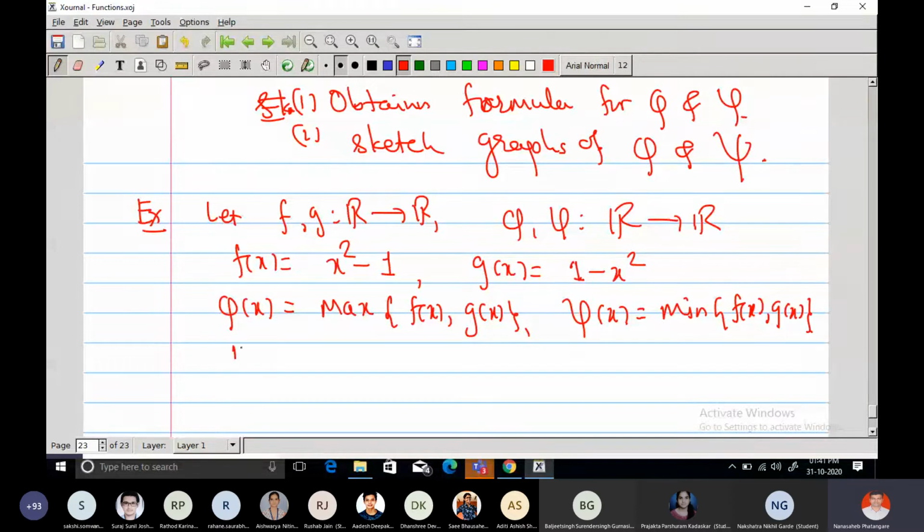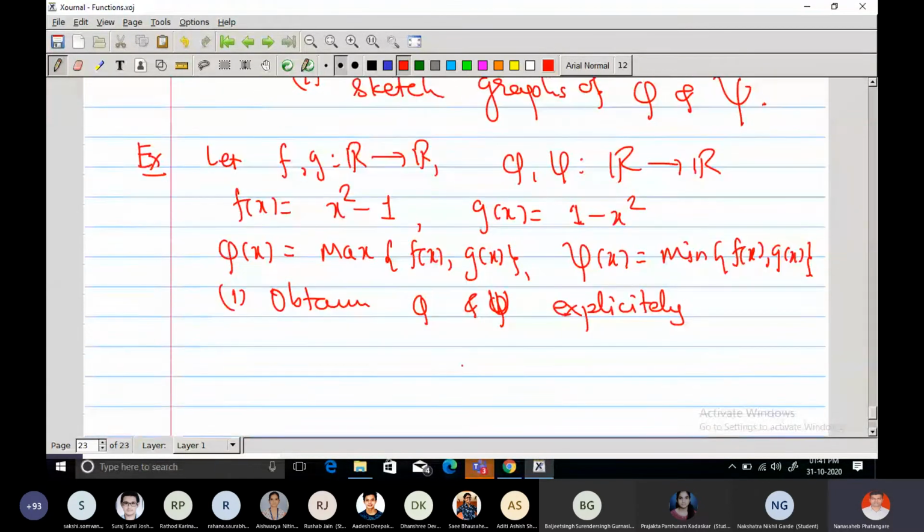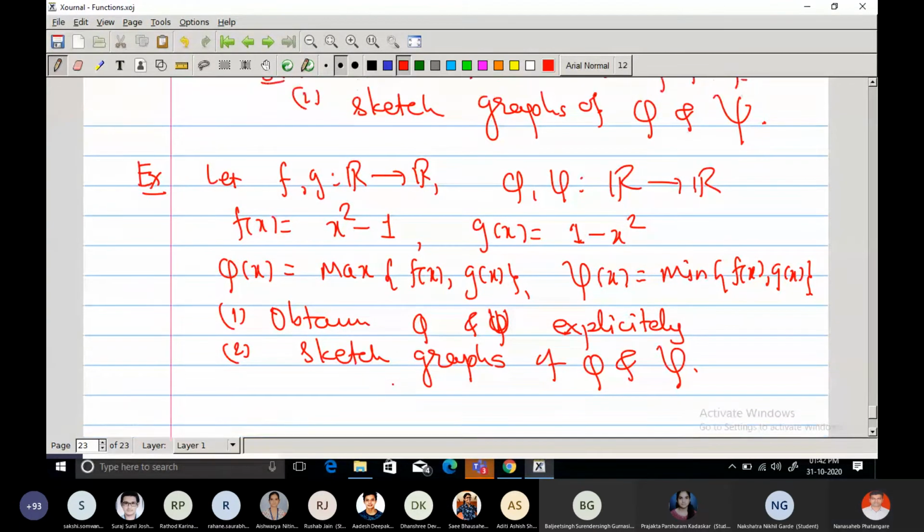What are phi and psi explicitly? Explicitly means, what is the precise definition? And sketch phi and psi. Fine.